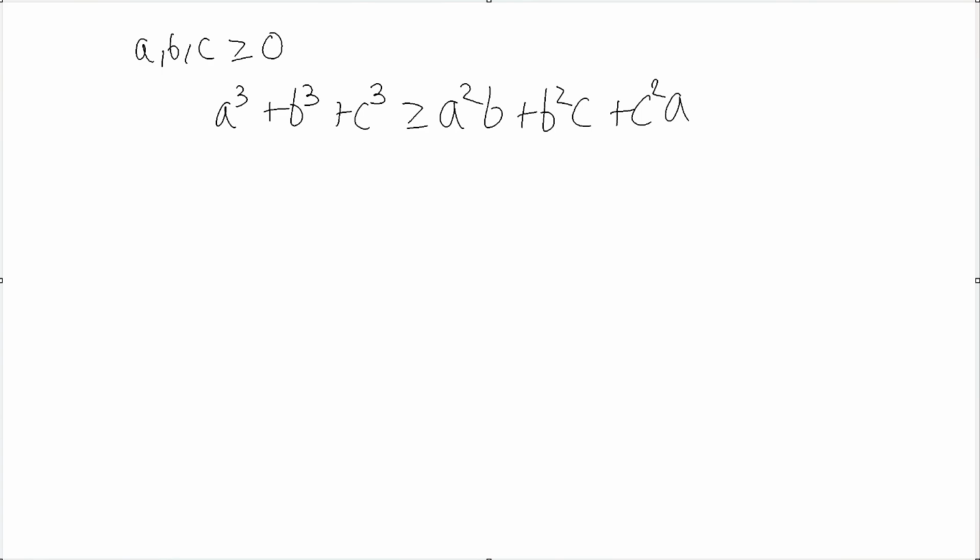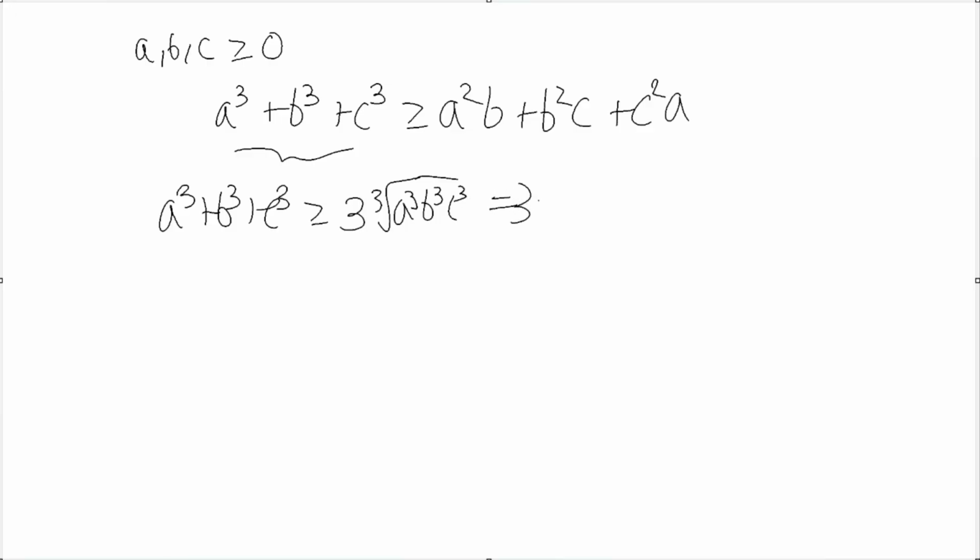Now, how do we even get started here? Well, for one, we could try using AM-GM on this left-hand side. And when we do that, we get a³ + b³ + c³ is greater than or equal to 3 times the cube root of a³b³c³, which is 3abc. So if we could prove that 3abc is greater than or equal to a²b + b²c + c²a, then we're done.